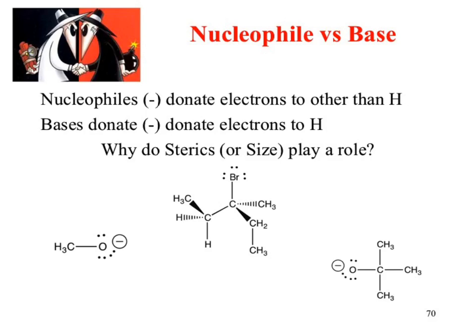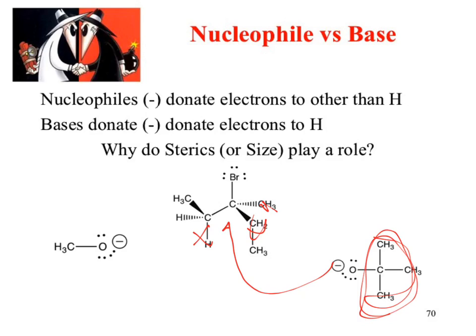Which of these two would I expect to produce the most substitution? The methoxide or the t-butoxide on the right? Why would the methoxide produce the most substitution? It is smaller. For the other one to get in, what has to happen? It has to get by a whole bunch of electrons, both from the substrate, but also from itself.